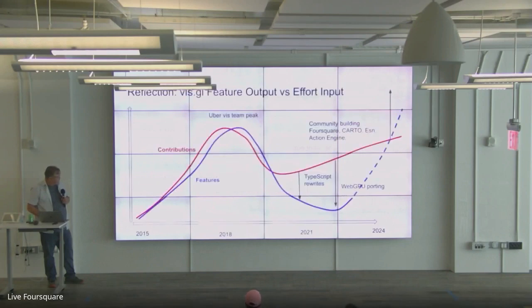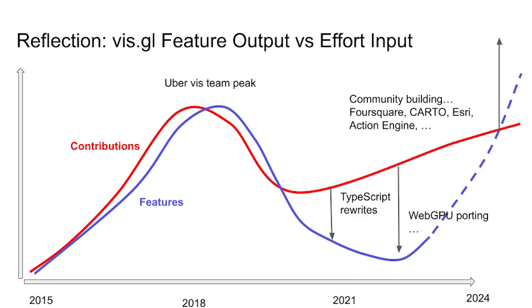All right, I'll give you a little bit of the roadmap, and I thought this was maybe a fun slide. I made it kind of silly, a napkin chart, showing the effort going into the WebGL ecosystem. I guess it peaked around 2018, when Uber had a really big Viz team working on it, and the features we get out of it follow that curve pretty well.